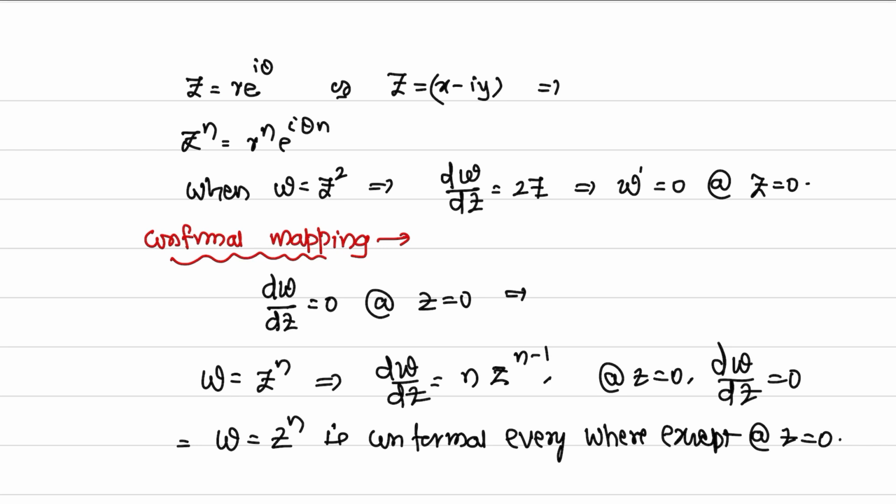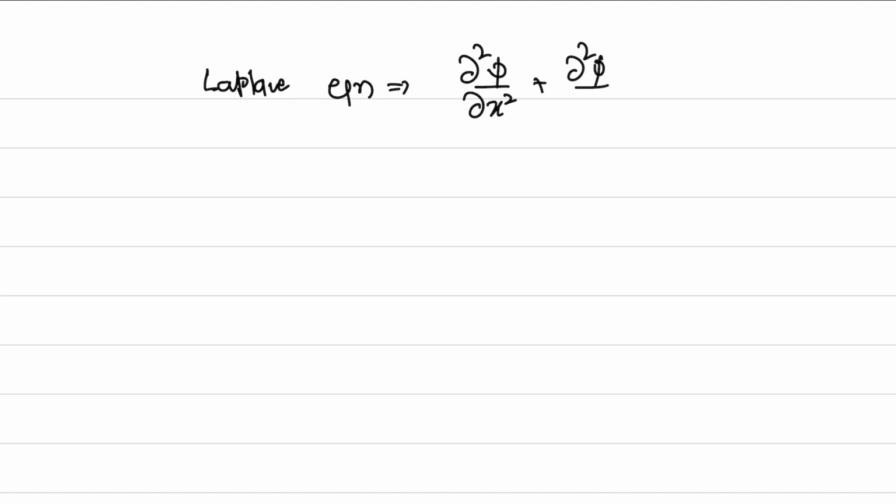Usually we take for a rectangular domain Laplace equation dou square phi by dou x square plus dou square phi by dou y square is equal to 0.